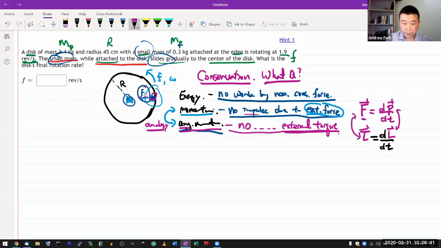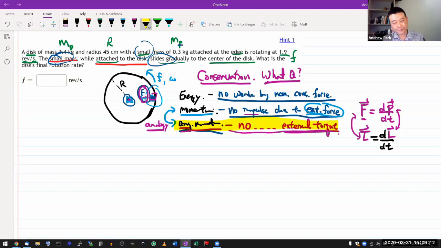And this force that could potentially be an external force, well, the lever arm for that force relative to this pivot point is 0, so that's not providing any external torque. So that's great. That one external force is not going to be producing any torque. So after having gone through all this consideration, you can figure out that angular momentum will be conserved.